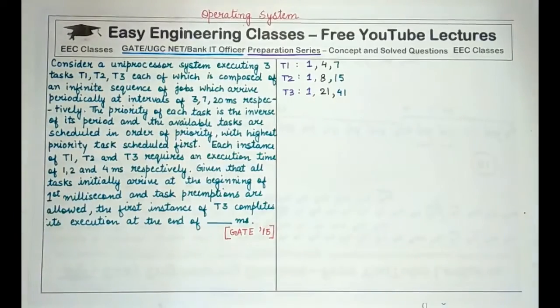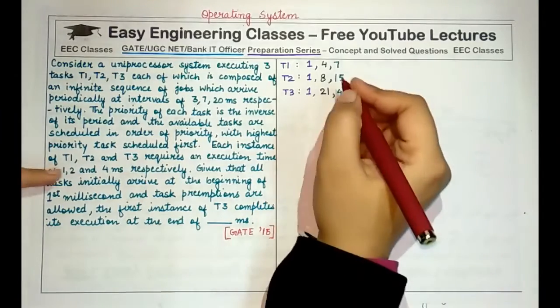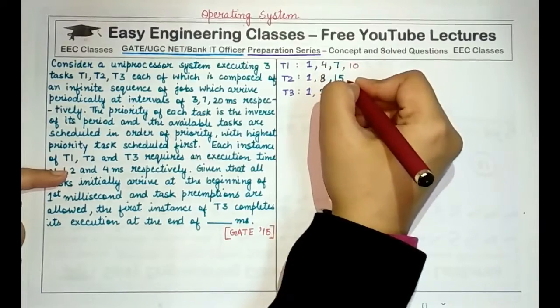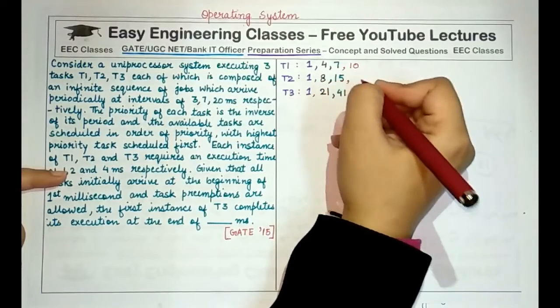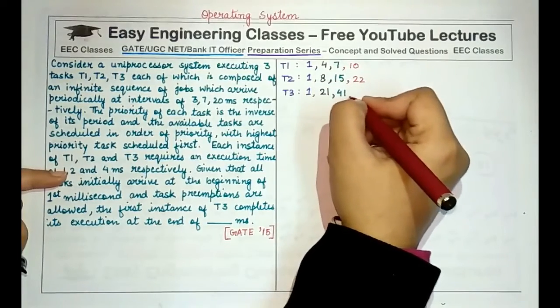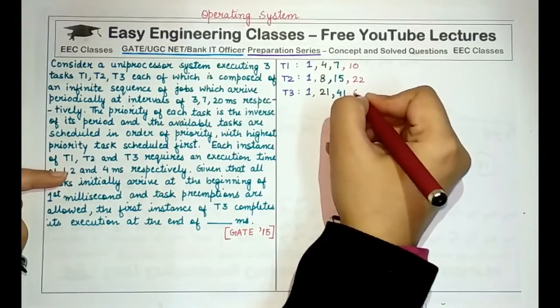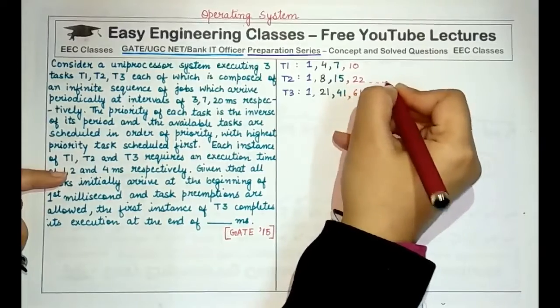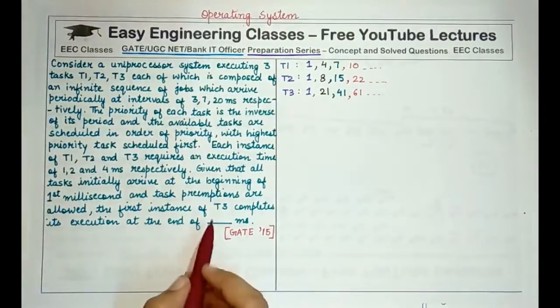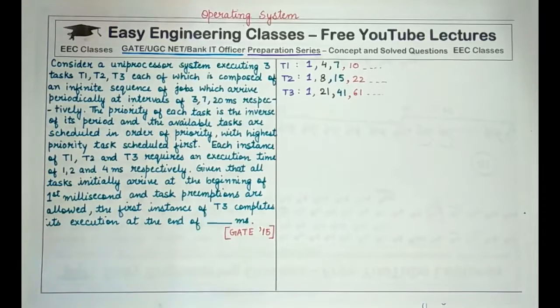If you go on and continue in this manner, the fourth instance of T1 arrives at 10 millisecond, then T2 arrives at 15 plus 7, which is 22 millisecond, and 41 plus 20, again 61 millisecond, and so on. So we have to find out at what time the first instance of T3 completes.